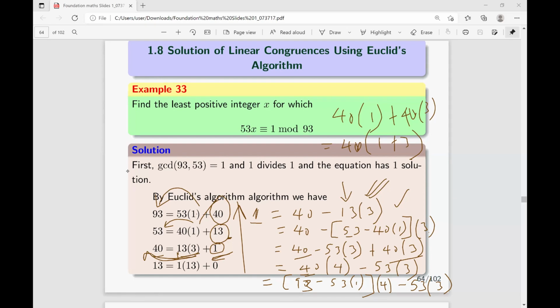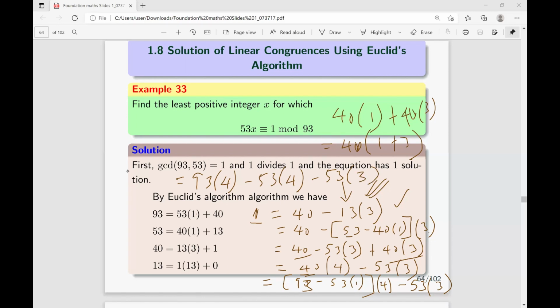So I create some space here under it. I just want to open this bracket using 4, which is outside. And so this gives me 93 times 4, and this one is negative 53 times 4. I've already opened this bracket. Then there is minus 53 times 3.